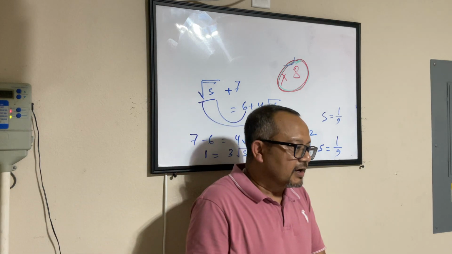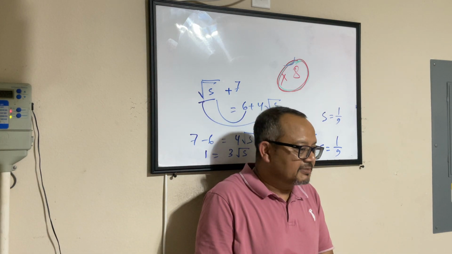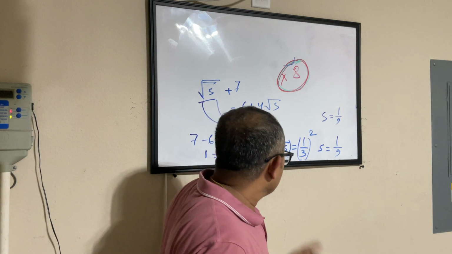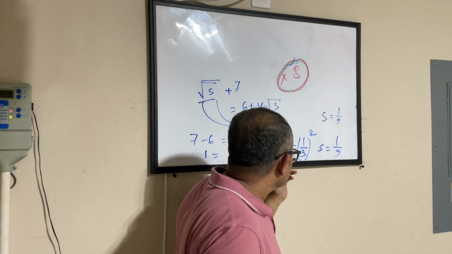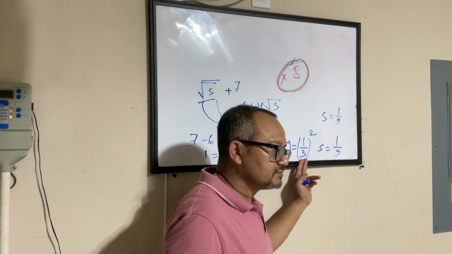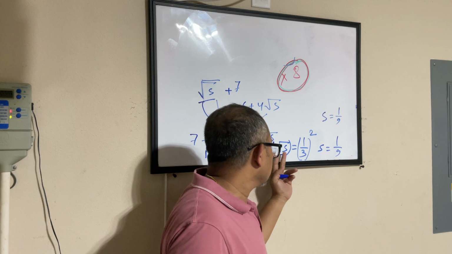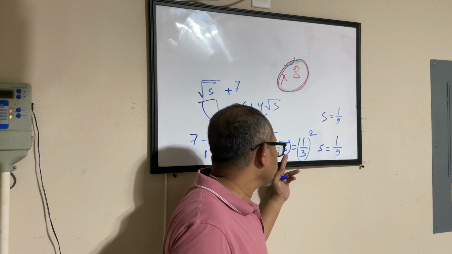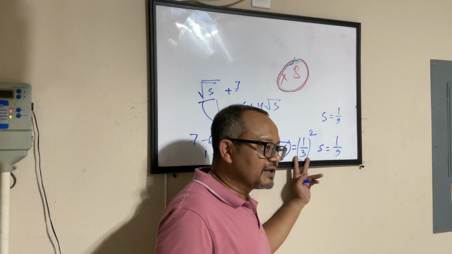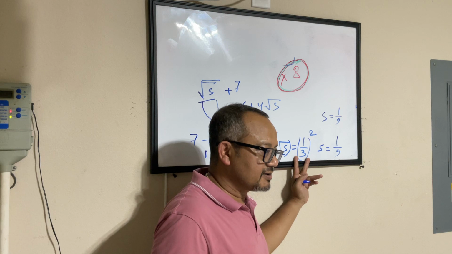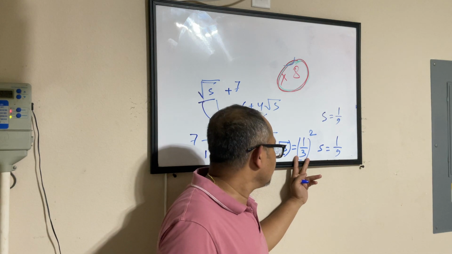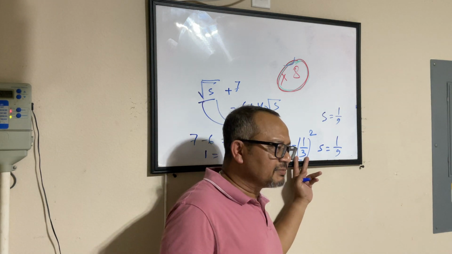So now you look at this. I'm just giving you one clue. Square root of s was 1 by 3. So when I'm doing a square of this, that gave me 1 by 9, right? But isn't there something fishy here?